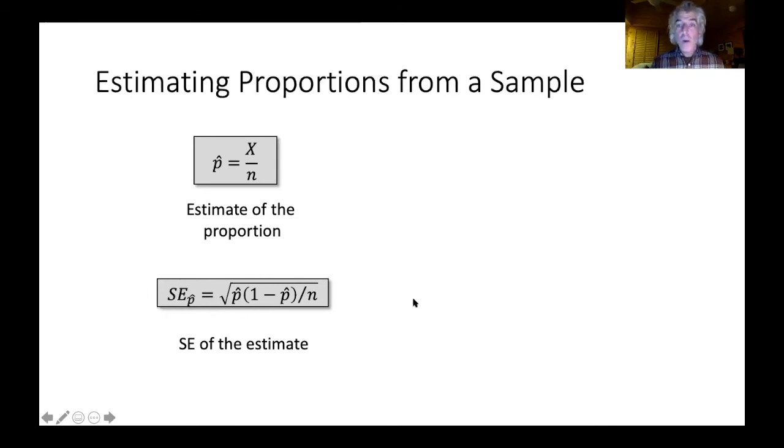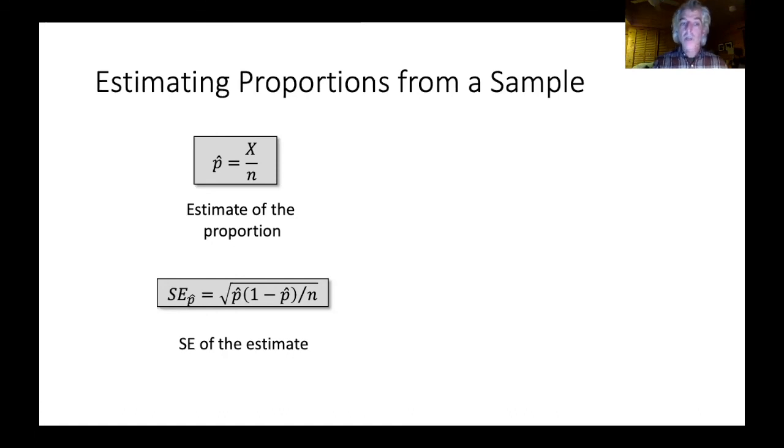And one thing that's quite interesting about this equation for standard error is nowhere in this equation will you find any measurement of deviation or how much each observation within the sample differs from each other observation. So this is really quite different from the standard errors that we would calculate in most other circumstances.